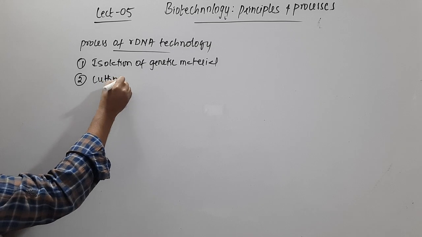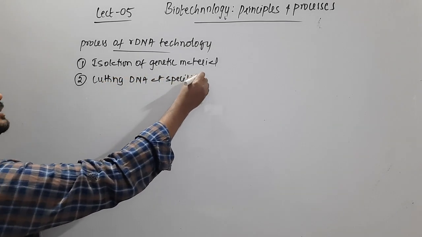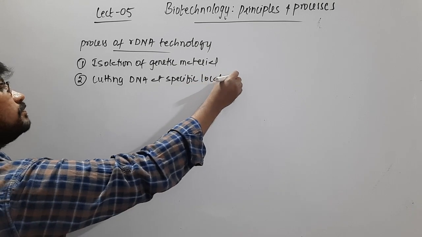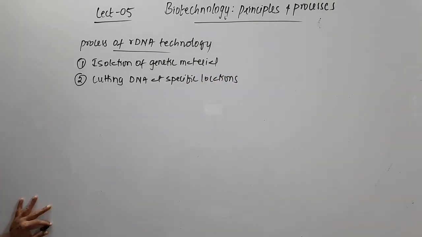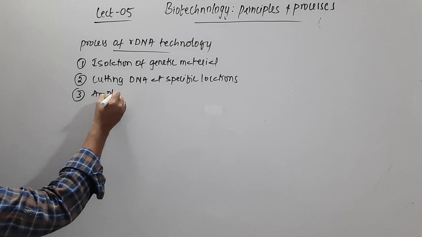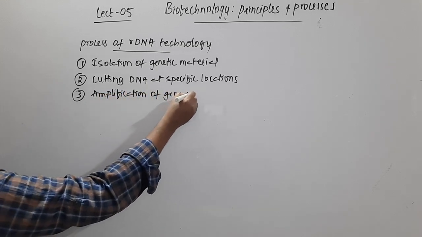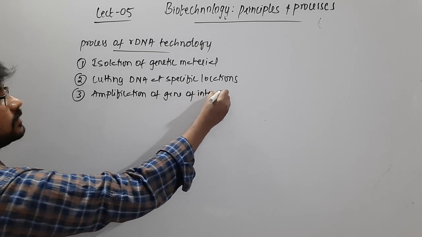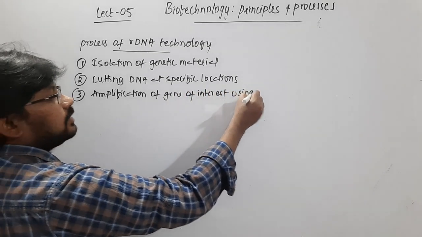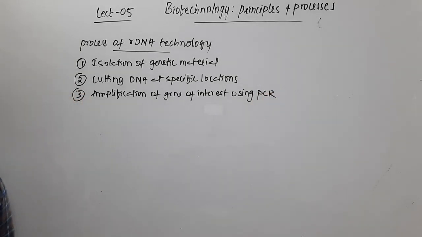Then the next step will be cutting DNA at specific locations, right? Then the third step will be amplification of the gene of interest using PCR. I'll discuss that PCR in detail. Okay.